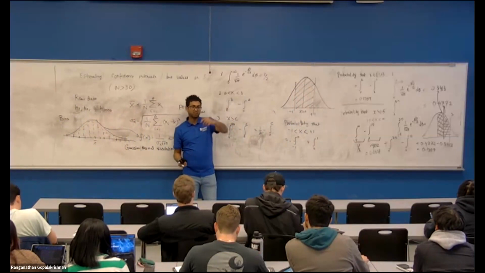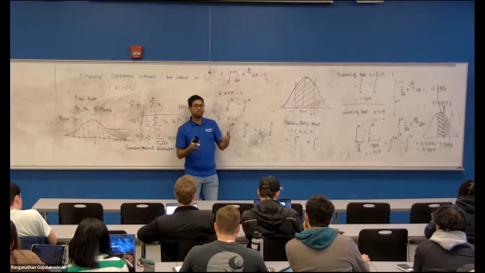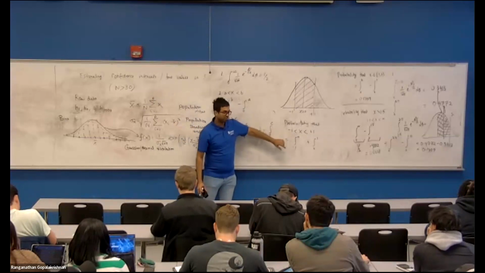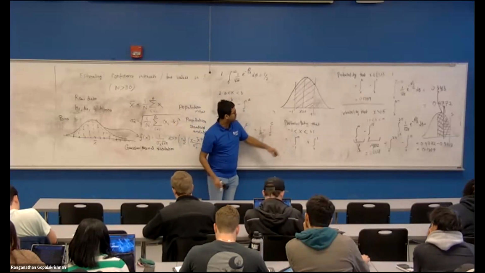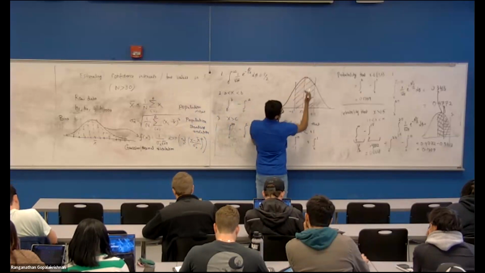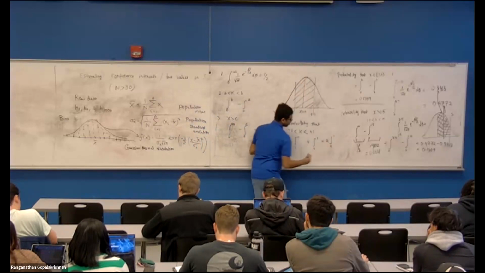Will -1 to 0 have the same number, just negative? No, area is always a positive number. Area can't be negative. If you hold this as a pivot and flip the page, this will be nothing but 2 times 0 to 1.